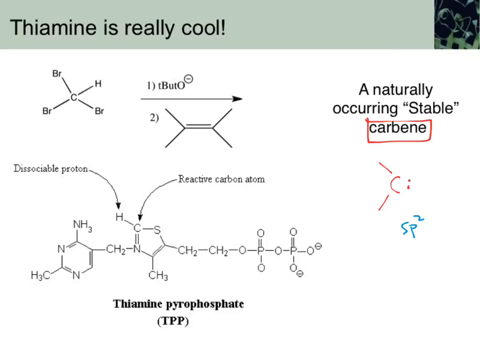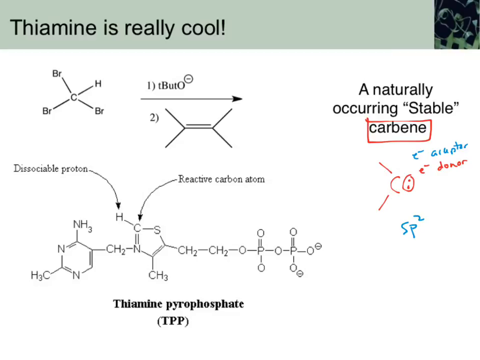That empty orbital can accept electrons. So our carbene can act as an electron acceptor, but then it also has a lone pair of electrons, which means it can act as an electron donor. So this is a really neat atom in this case because it's doing 2 different things. Okay? So that's kind of fascinating and cool.